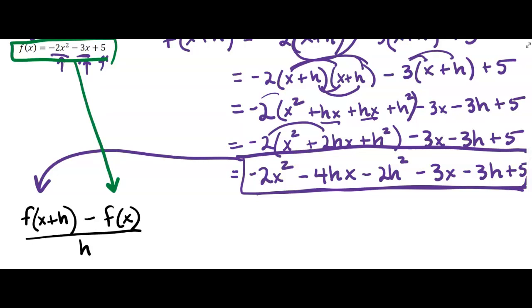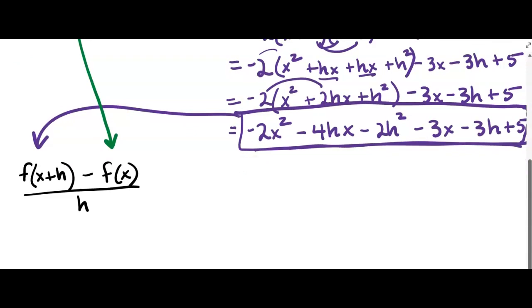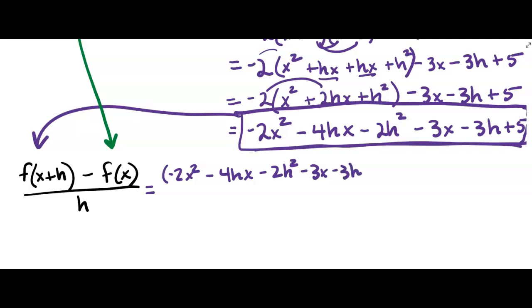Okay, so let's see if I can squeeze it all in here. So this is going to equal, I'll try to write it here. The -2x squared minus 4hx minus 2h squared minus 3x minus 3h plus 5.